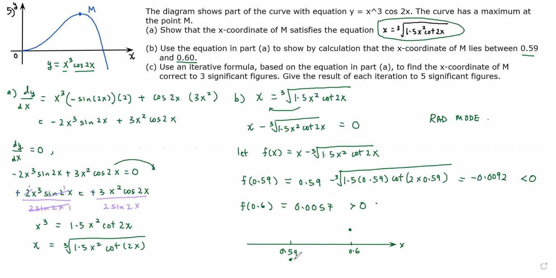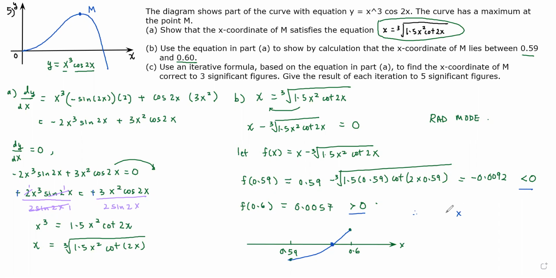Now the function is continuous. When the function is continuous, these two join together. And you see that there is a zero here, meaning that f(x) is 0 at a point with value in between 0.59 and 0.6. So you need to show these two.